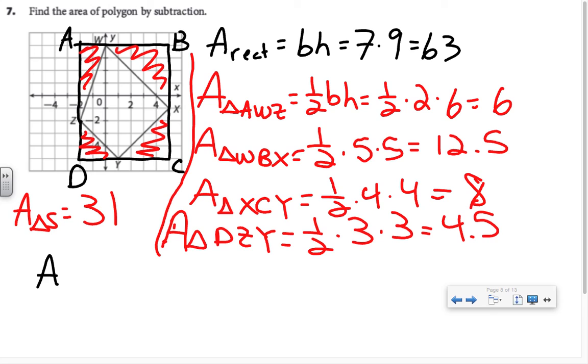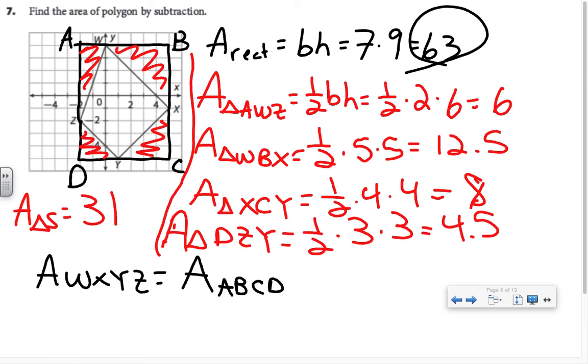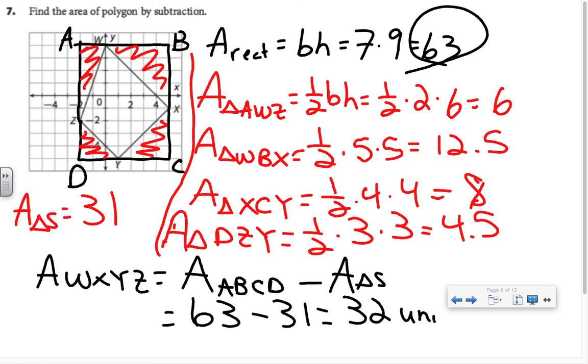The area of WXYZ equals the area of ABCD, my rectangle there, minus the area of the triangles. So that is 63 minus 31, which is 32 square units. So sometimes that is a very useful strategy when you're dealing with a strange figure.